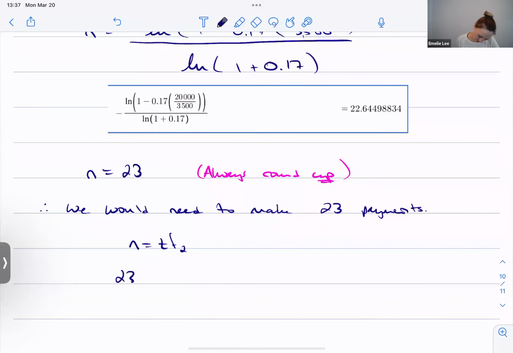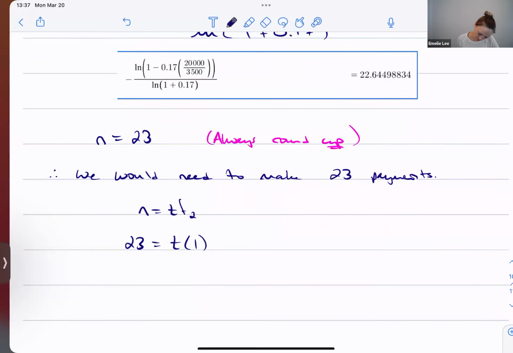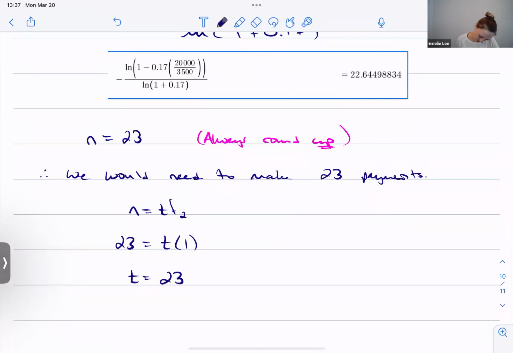So then 23 is time times 1. So it would take 23 years to pay off Loan Shark Alec for $20,000. That is not very fun.